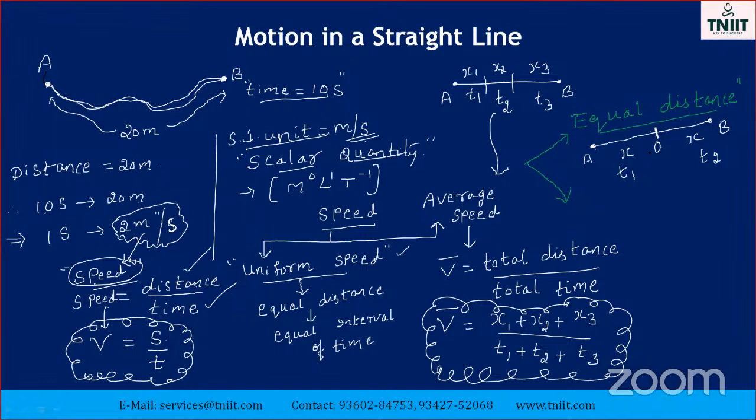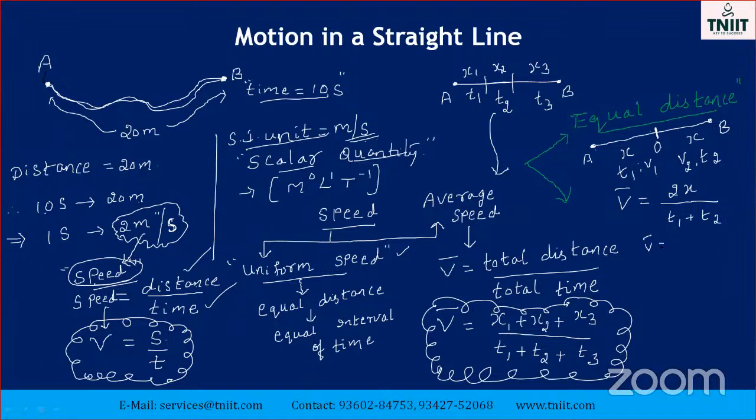The speed for the first half of the distance is v1. For the next half of the distance, the speed is v2. Then how to calculate the average speed for this case? It is nothing but the total distance divided by the total time, isn't it? Total distance, that is x plus x, 2x, by the total time t1 plus t2.